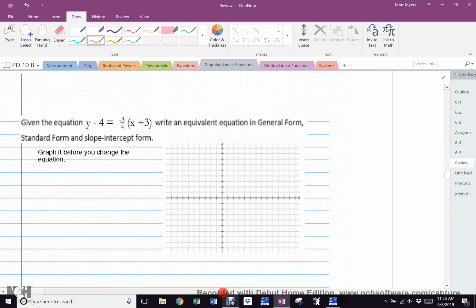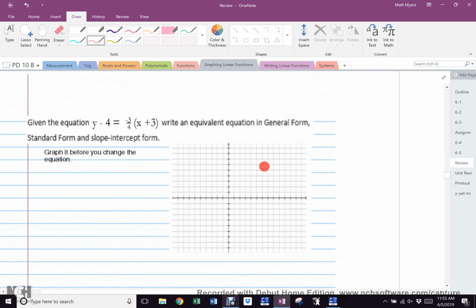And lastly, I want it graphed before you change the equation. So what is the point that I know here? Points are given in x, y.